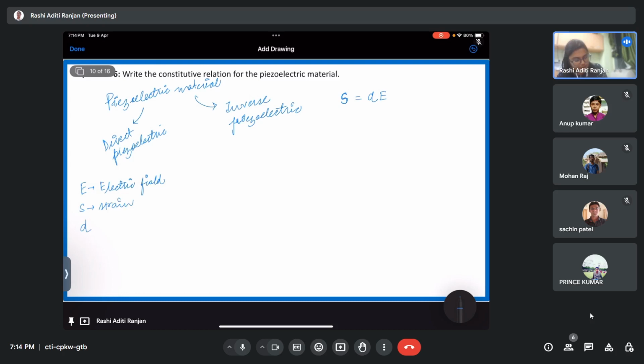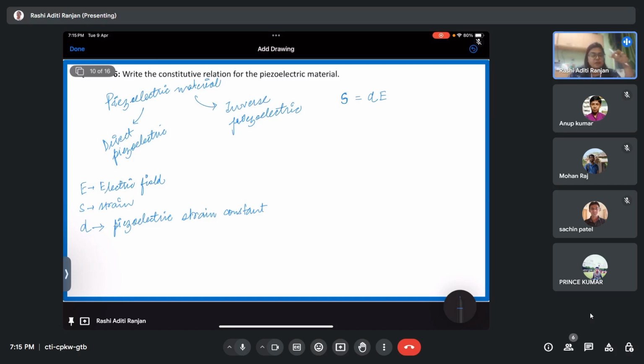And what is my d? So d is being defined as my piezoelectric strain constant. If you closely look into this equation, what is it actually telling? It is saying that my strain is actually related to my electric field and it is proportional to it. So if my electric field is increasing, my strain is increasing, which is correct also. If I increase the electric field, it is going to show more deformation. Correct. And these were introduced as my proportionality constant, I can say.